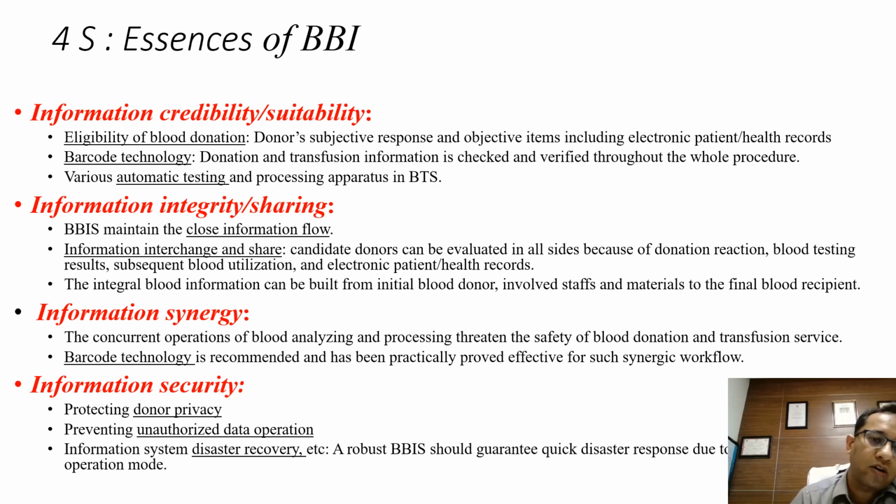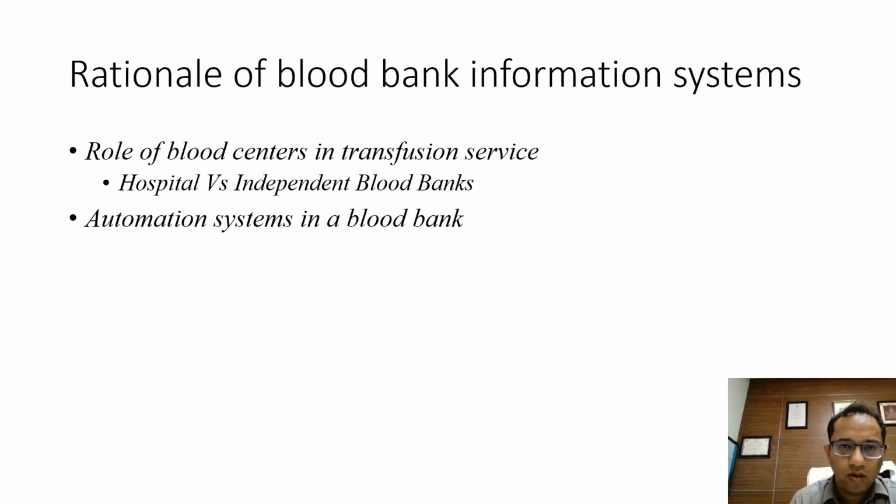Here also a barcode technology is recommended. And security wise, we have to protect the donor privacy, prevent unauthorized data operations, and have information system disaster recovery. So not only should it respond, but it should also respond when there is a disaster or there is some shutdown. That time you should have a provision for system disaster recovery.